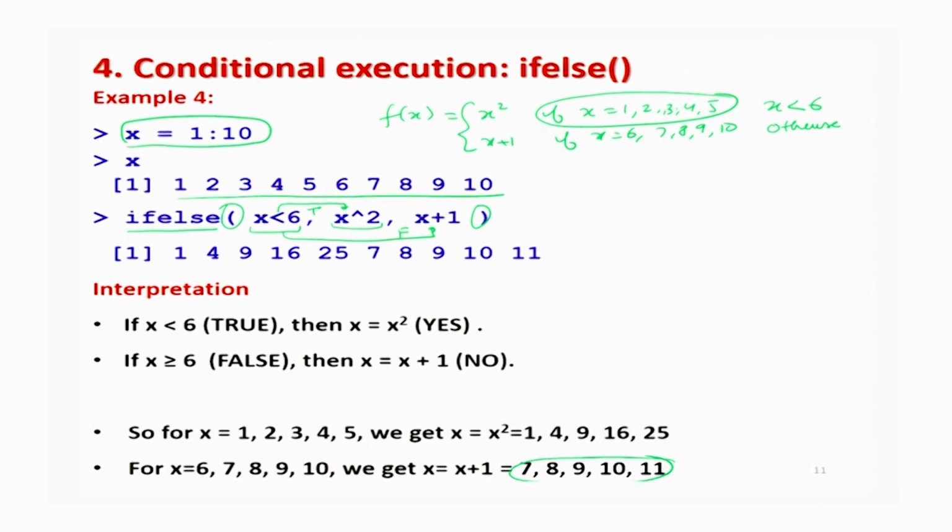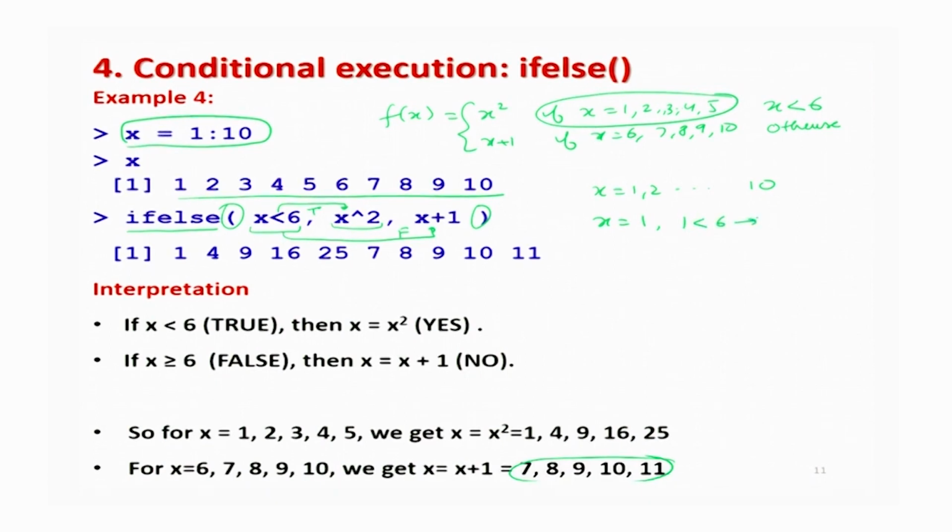As soon as you execute it, the control will first come to the input value, which is x equal to 1, 2 up to 10. It will first choose the first value 1, and test whether 1 is less than 6, true or false.